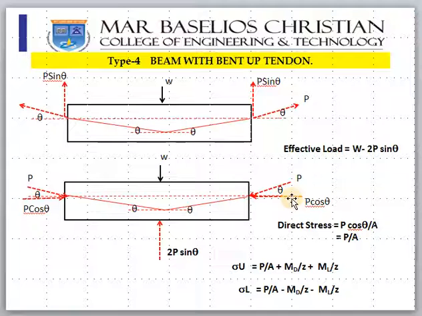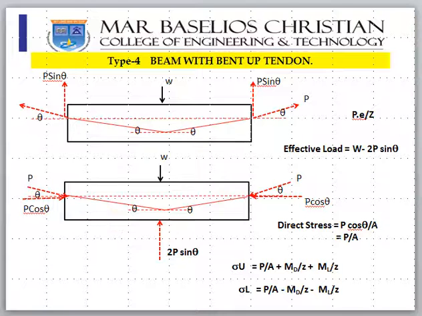Since theta is very small, P cos theta can be taken as P. So the direct stress is P cos theta by the area of the cross section, which is P by A. In this case there will not be any moment, so the PE by Z term will not come.